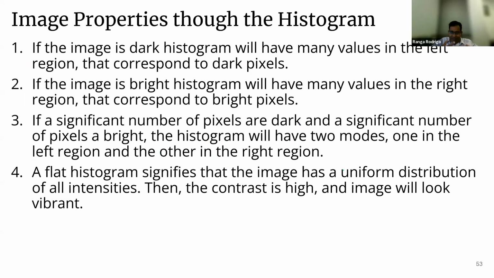Okay, so we can get image properties through histograms. If the image is dark, the histogram will have many values in the left region that corresponds to dark pixels. This is intensity 0 to 255, and we are finding the number of pixels at each intensity. So a dark image will have a histogram like that.